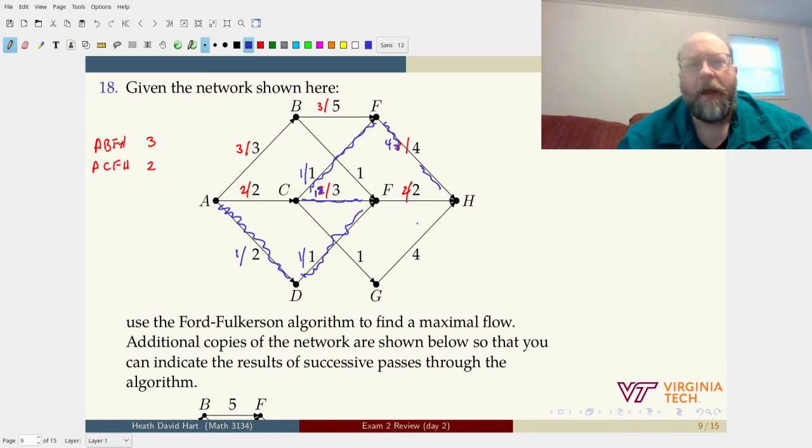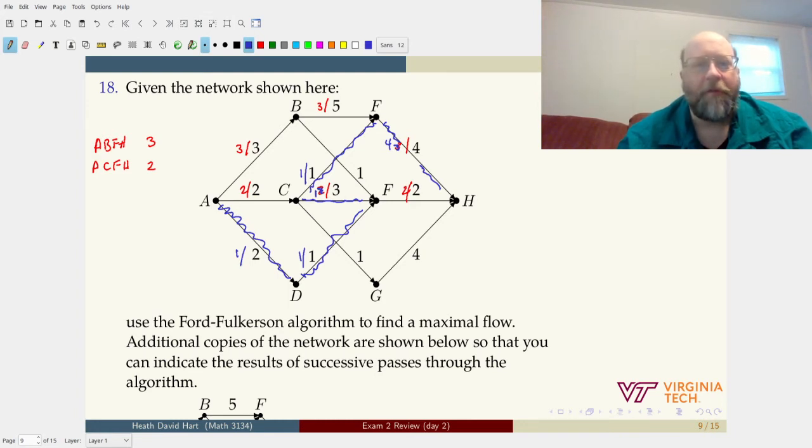Okay? The reason why this works is that we're now taking these 2 units, instead of sending them both along C to F, we send 1 along C to, or I've got 2 F's, that should probably have been an E. 1 up here, and then that could use the last of the 4 in my capacity here.